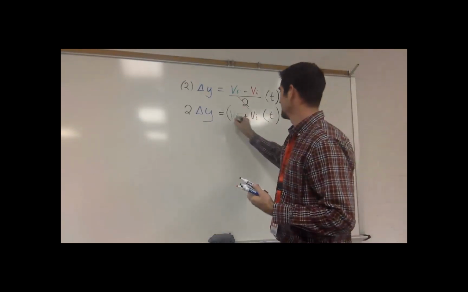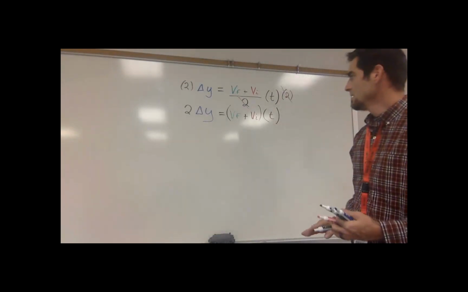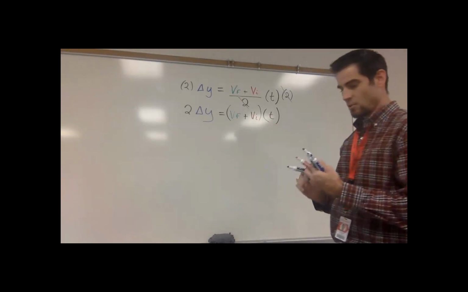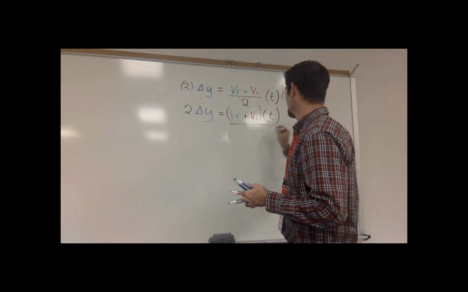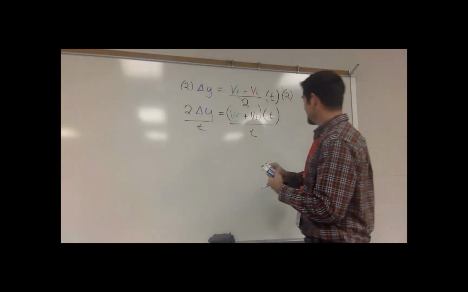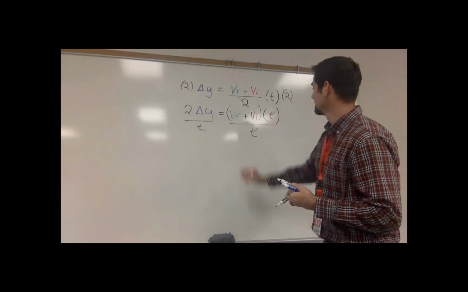Okay. Now we want to get rid of the t. So we're going to divide both sides by t. And the t's will cancel out over here.